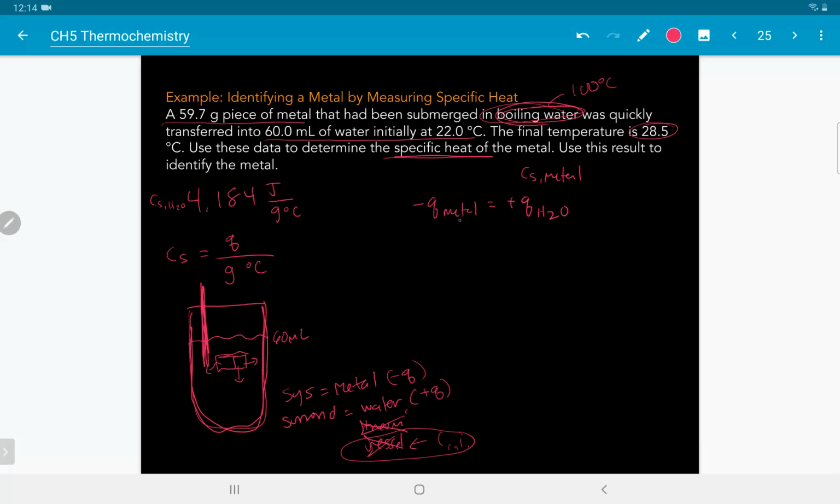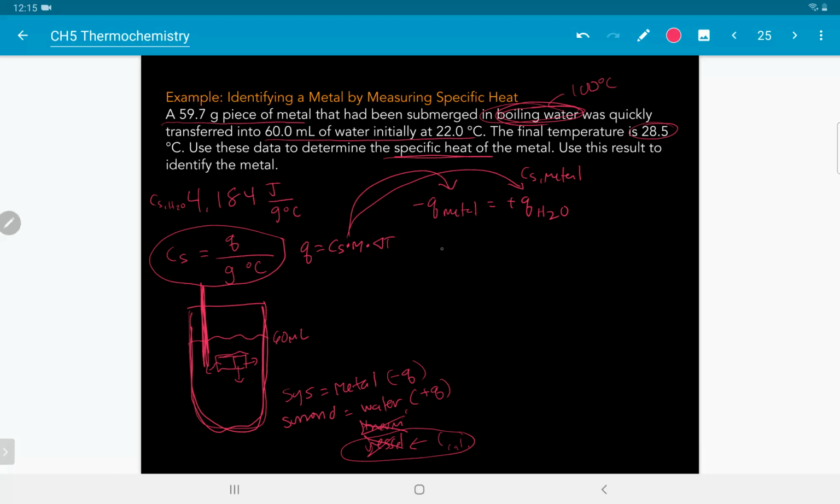This is just because the negative Q of the system equals the opposite sign Q of the surroundings. Now we rearrange our specific heat capacity for Q: Q is equal to Cs times mass times change in temperature, and you plug that in for both the metal and the water.